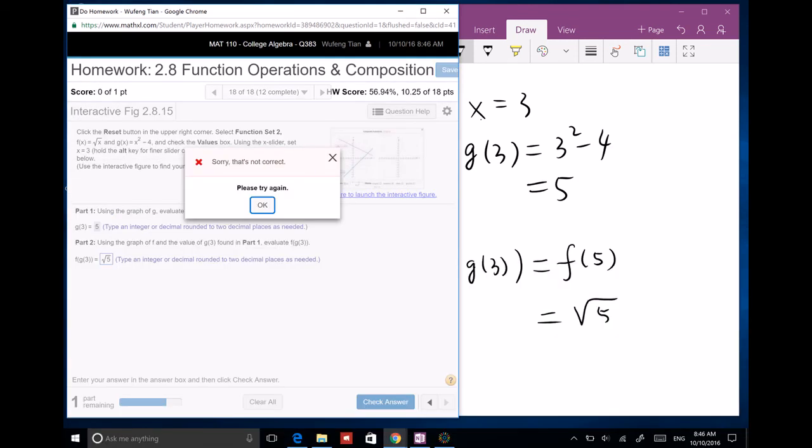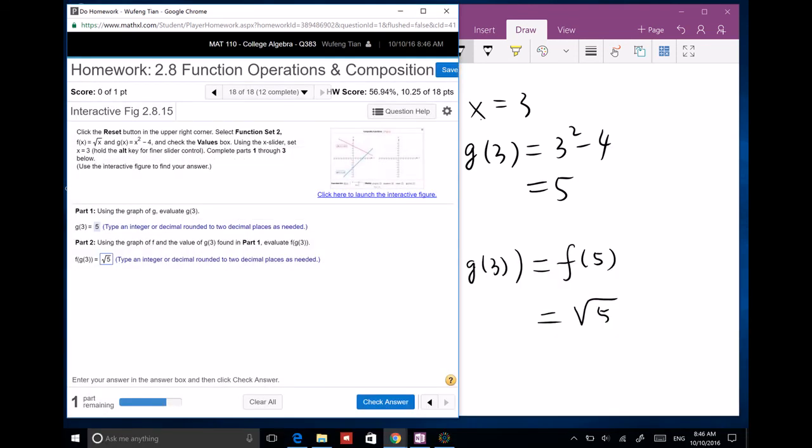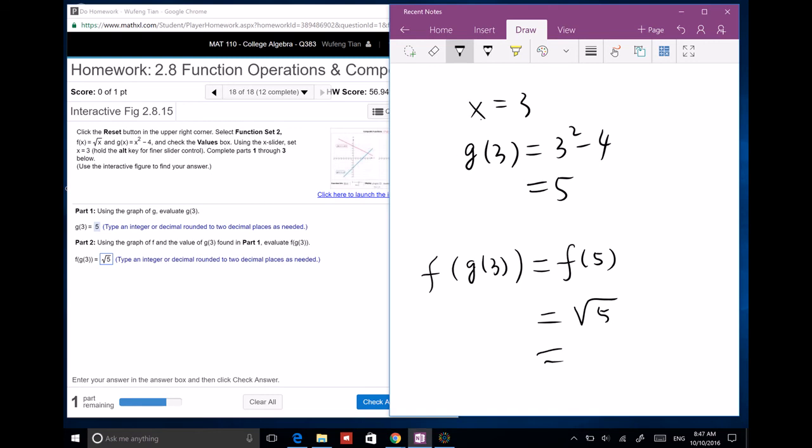f of g of 3, right? g of 3 we just got as 5. Type in an integer or decimal, rounded to 2 decimals. It means you have to find what the square root of 5 is. Square root of 5 is 2 point what? You need to use a calculator to do the square root of 5.